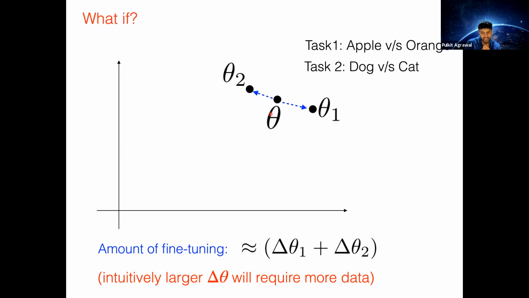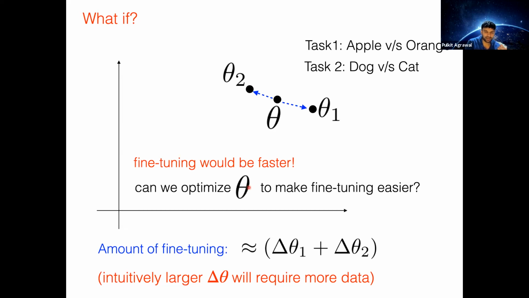For example, in this scenario, if theta was over here, then delta theta 1 and delta theta 2 are smaller. So in this situation, fine-tuning would be faster. What I mean by faster is it would require fewer data points. So the question we can ask is, can we optimize theta to make fine-tuning easier?